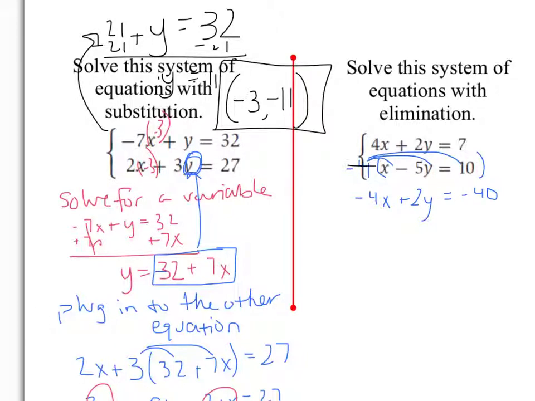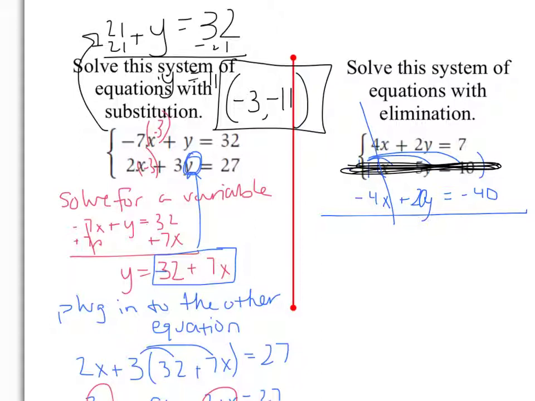I'm going to use that instead, now that I've multiplied, as my two equations. If I took both of these equations and tried to combine them or add them together, we can see what happens. 4x plus negative 4x cancels out to be 0. That variable x has been eliminated. That's how I picked the negative 4.